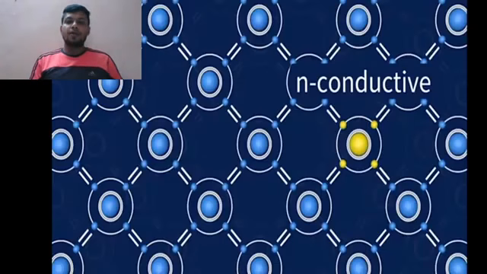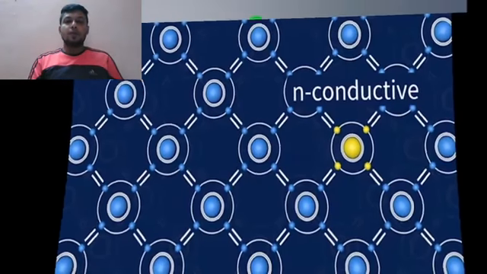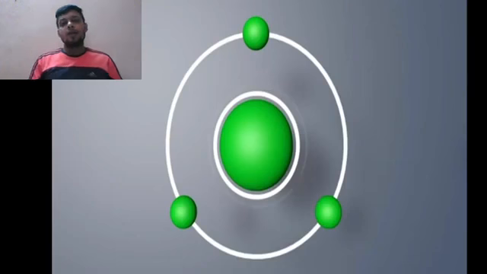Here we can see that four of the phosphorus electrons are combined with the silicon atom electrons, and one is free.